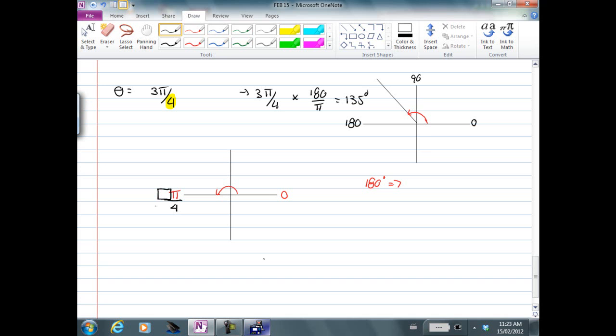So we'll put 4, because would you agree, 4 pi by 4 is the same thing as pi. There's no difference. So from here to here is 4. Guess what this piece must be in terms of pi? Label this as 2 pi by 4. So where's 3 located? In between 2 and 4. And draw in your line.